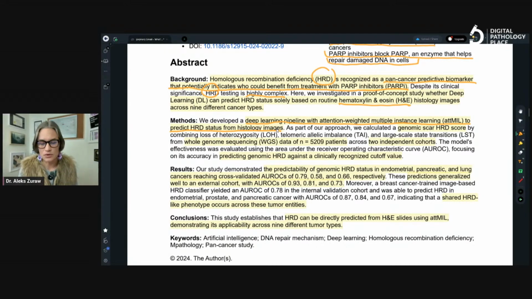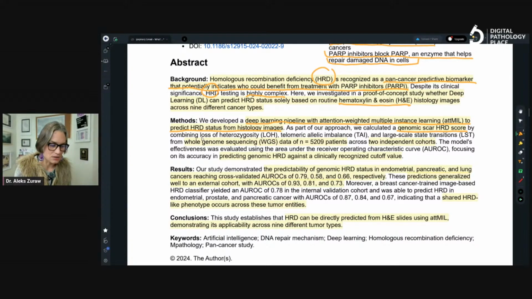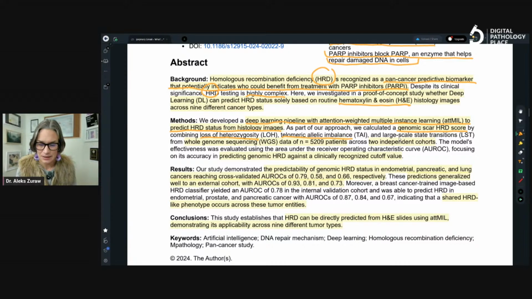Part of their approach is the genomic scar HRD score. So you calculate a score that combines different things. It combines loss of heterozygosity, telomeric allelic imbalance, and large-scale state transitions from whole genome sequencing data.